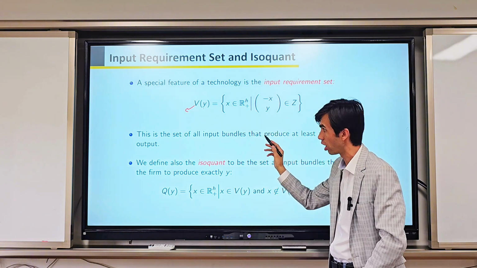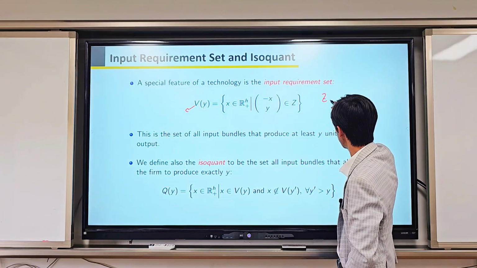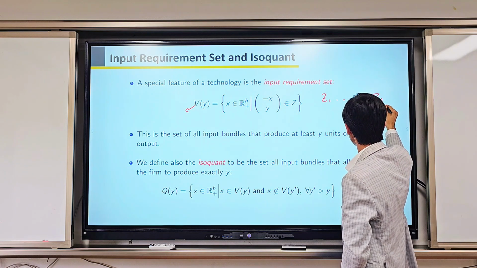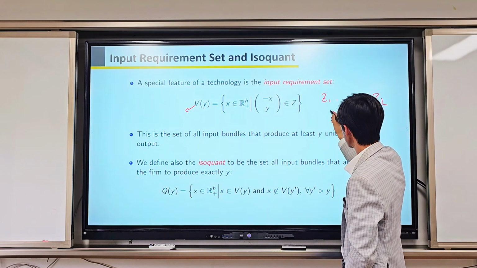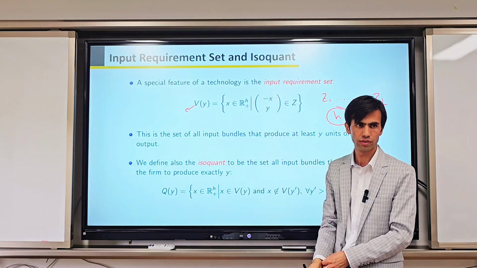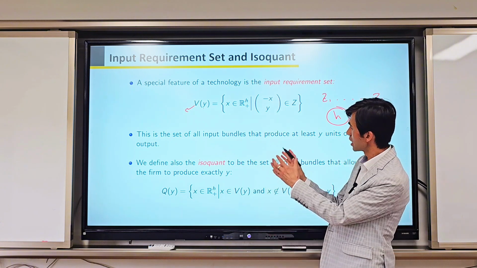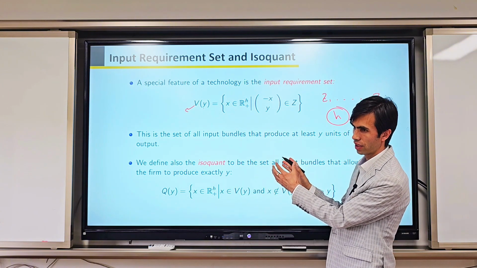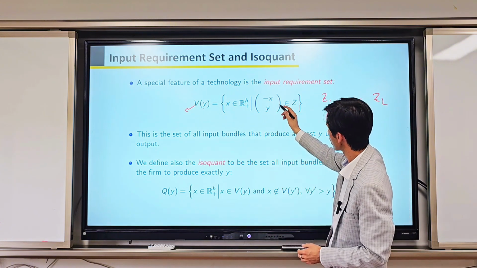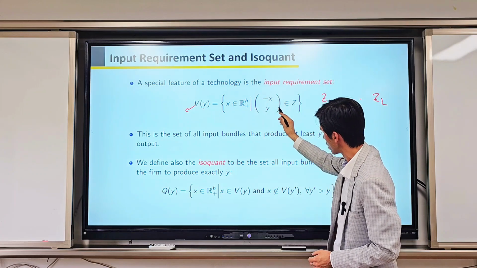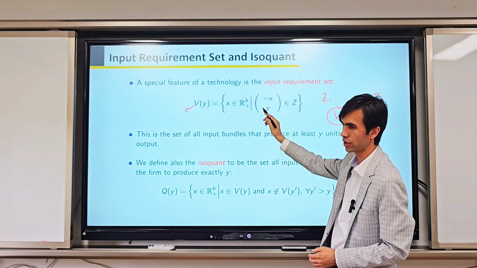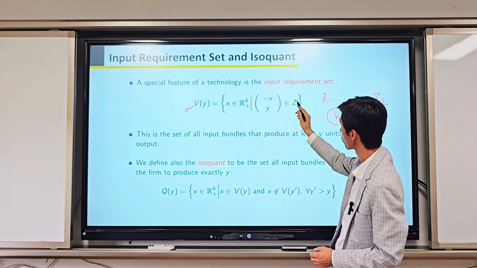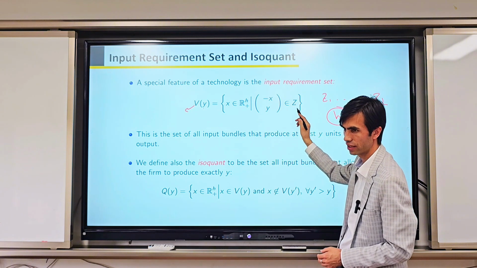As we already talked about, when we have Z1 up to ZL, for example, H number of them can be input. So in this case, we are using the positive sign here, such that this vector of our input and output should be in our production possibility set.